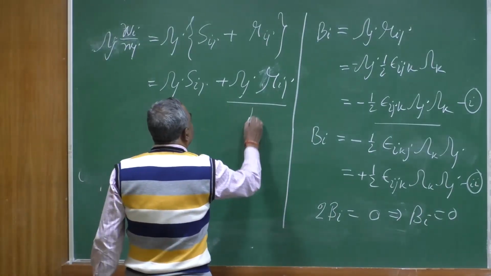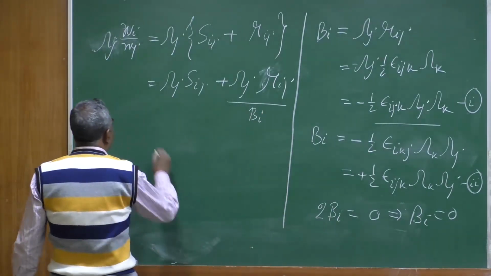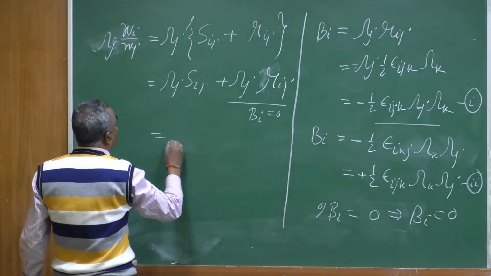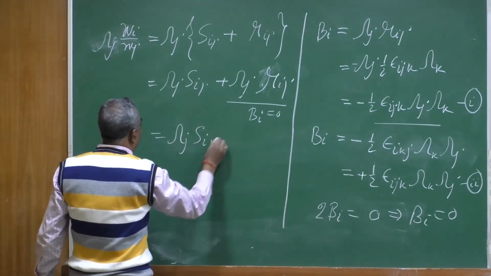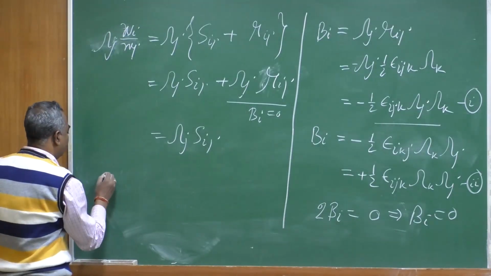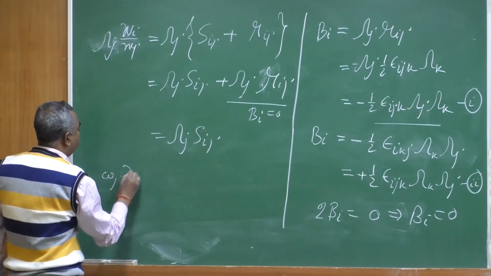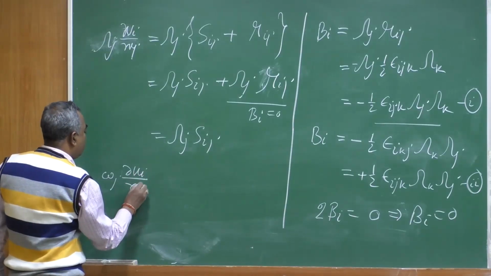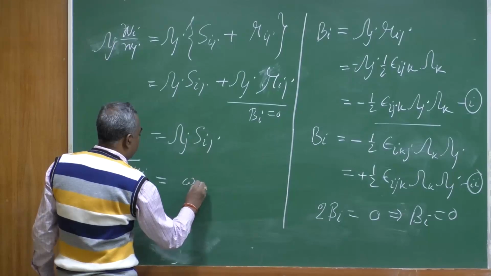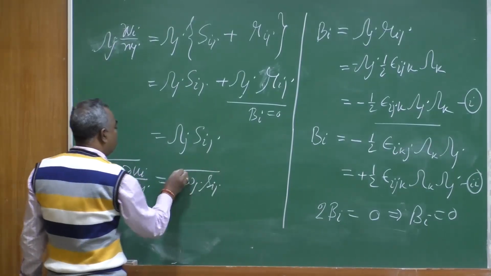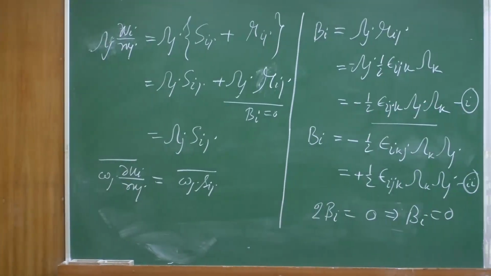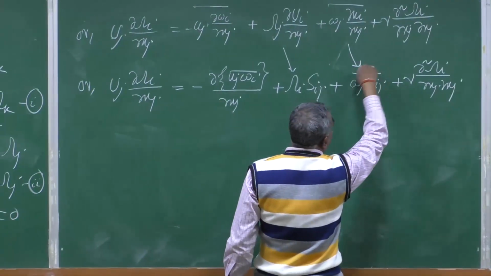So, that means our B I is equal to 0 from this analysis. Similarly we can write, for the small or fluctuating quantities, this equals omega j small s I j bar. Okay. That is why we have written this quantity as this.